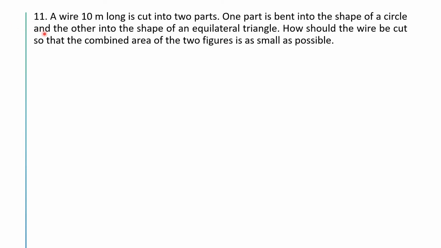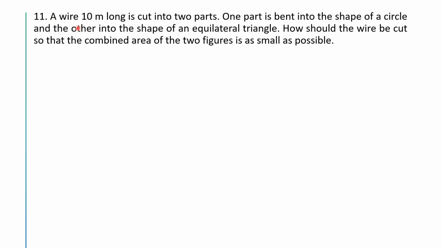The next question, a wire 10 meter long is cut into two parts. One part is bent into the shape of a circle and the other into the shape of an equilateral triangle. How should the wire be cut so that the combined area of the two figures is as small as possible?